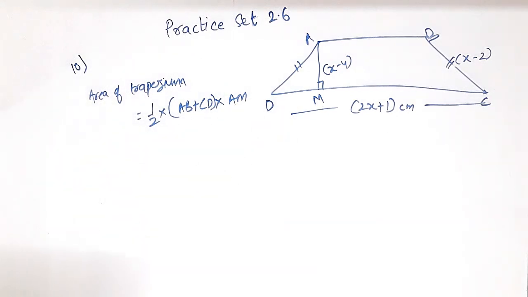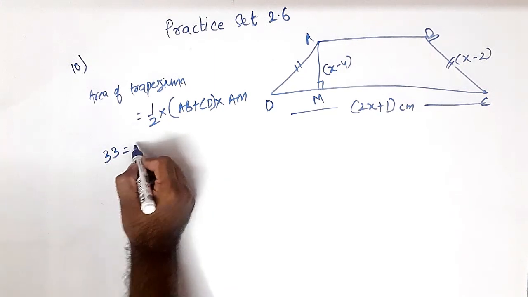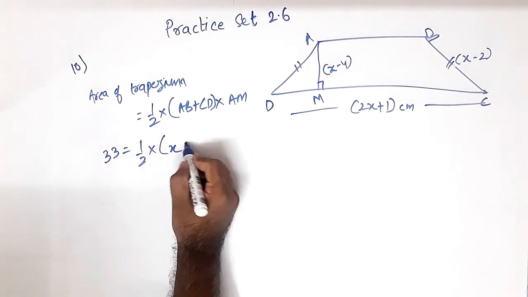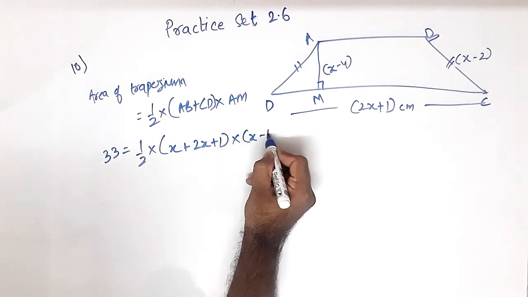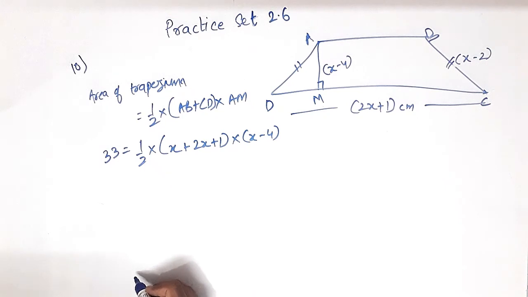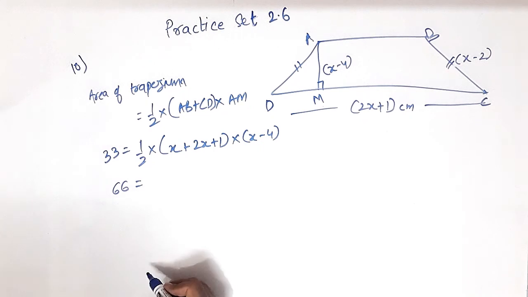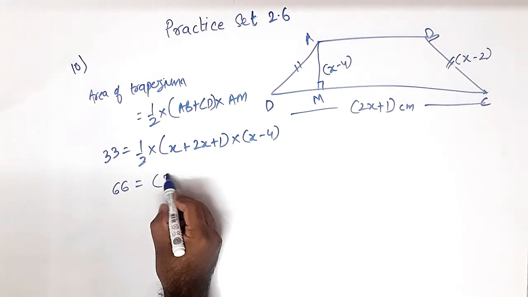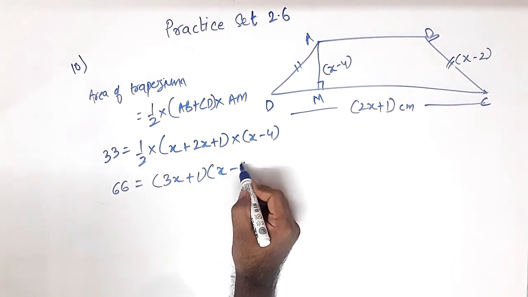So I'll write this as 33 equals half into AB plus CD, AB they have taken as x, CD is 2x plus 1, into AM which is x minus 4. Now 2 will go here, it will become 66, 33 2s are 66. Now this will become x plus 2x, I can write 3x plus 1, into x minus 4.